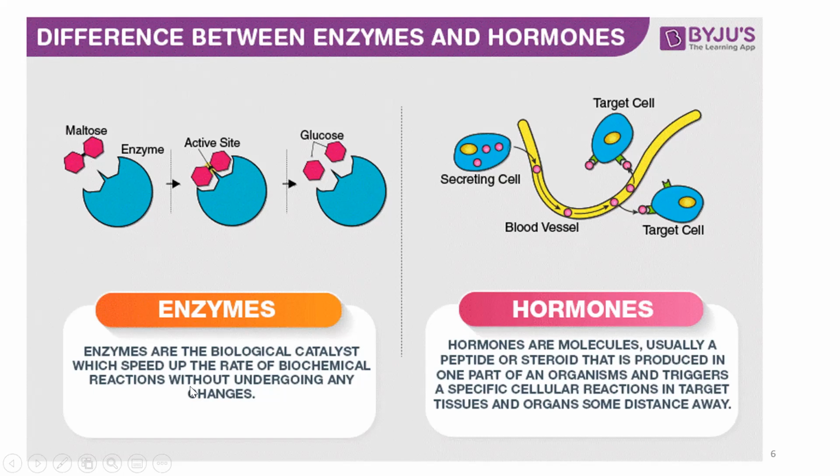They speed up the reaction. Whereas hormones are quite different. They're produced in one part, and they are triggering a reaction in another part. So it's definitely different than enzymes, even though sometimes people use these words as if they are impacting the human body in the same way, but it's in a very different way.